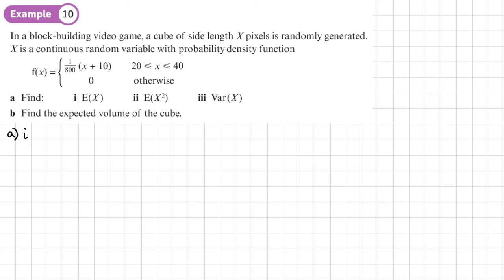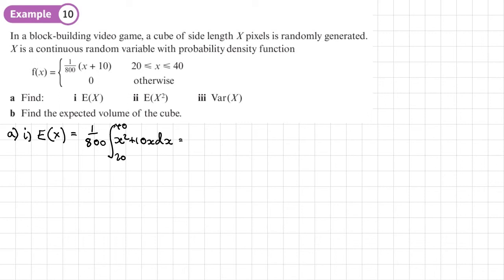And in part A, we need to find the mean of x. So that's going to be multiplying this function here by x. So I'm going to take this constant 1 over 800 to the other side of the integral sign. My limits are going to be 20 and 40, and then I multiply this by x here, and I'll get x squared plus 10x.